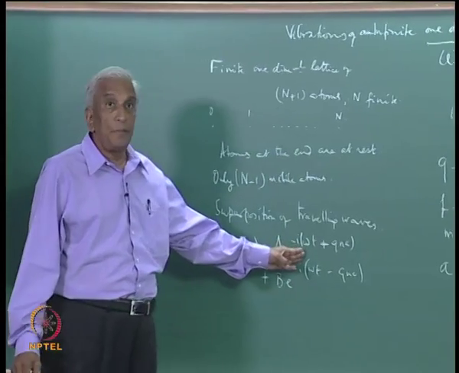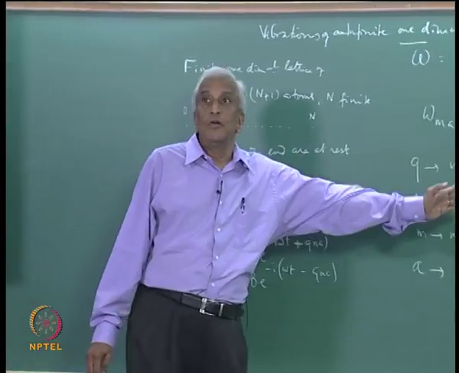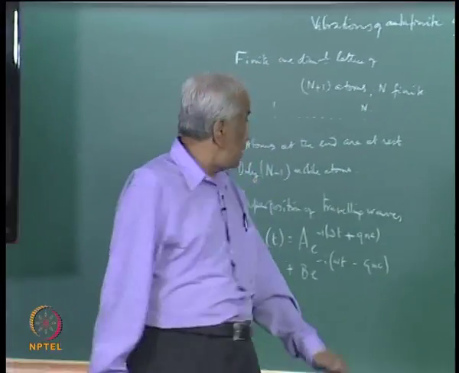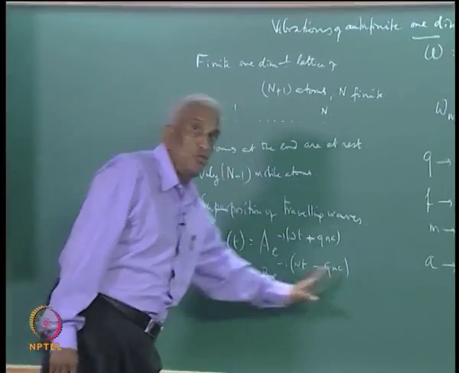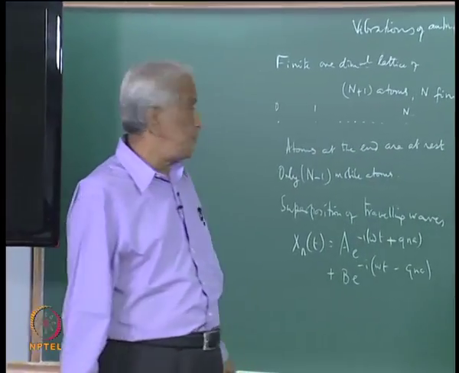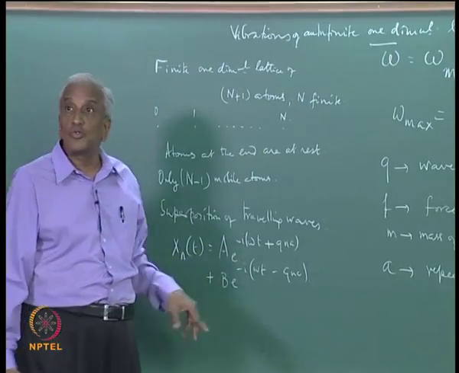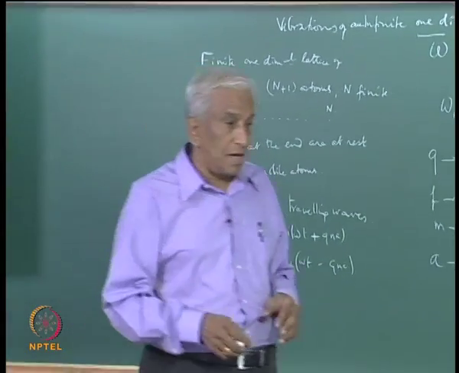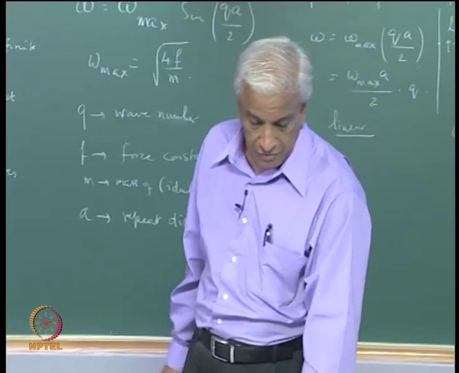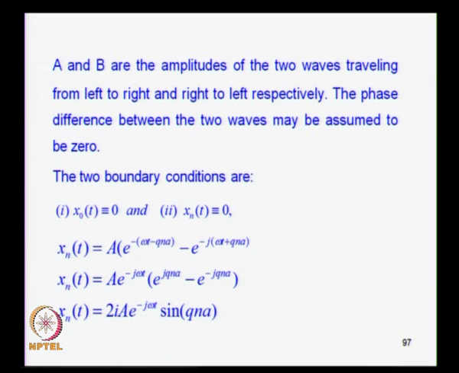Now, that is a progressive wave going from left to right, and this is a wave-like solution which moves from right to left. So, the general solution is a superposition of these two, so that you get standing waves in the system, because the ends are held fixed.